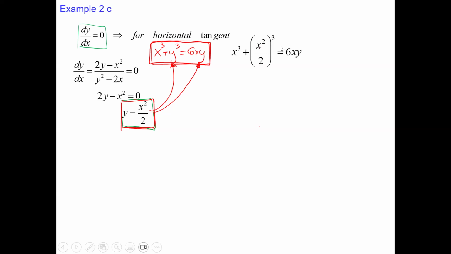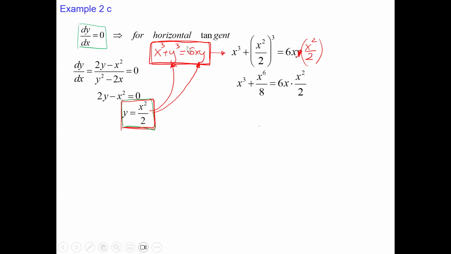Oh, this is supposed to be also y equals x squared over 2. That means now I replace y with the relation for the horizontal tangent, the slope being 0.